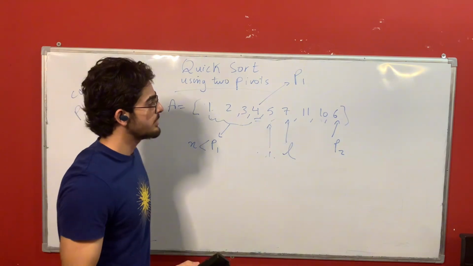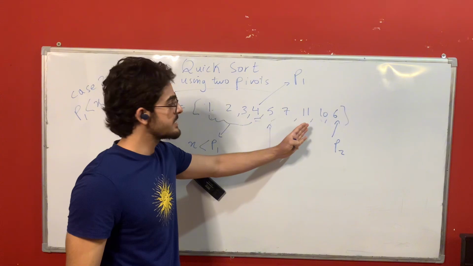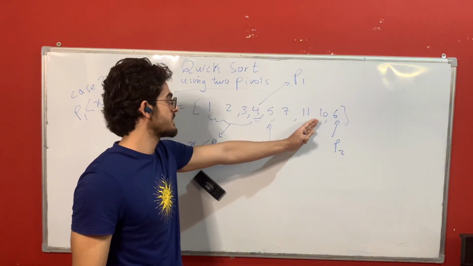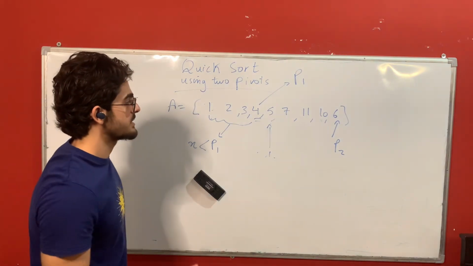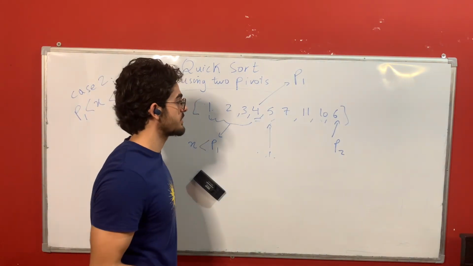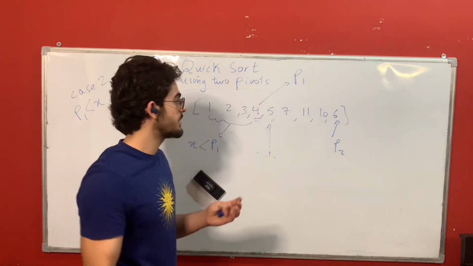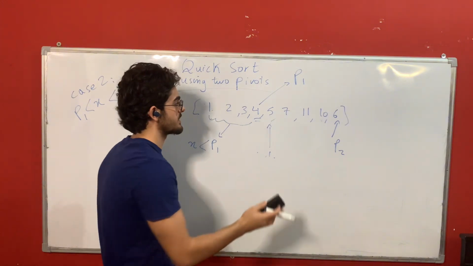L now continues to the rest of the elements. 11 is greater than 6 and 10 is greater than 6, so only 5 is the number between 4 and 6. So now we should place 6 in its correct position, which is to swap it with the element that comes after 5. So we swap 6 with 7.